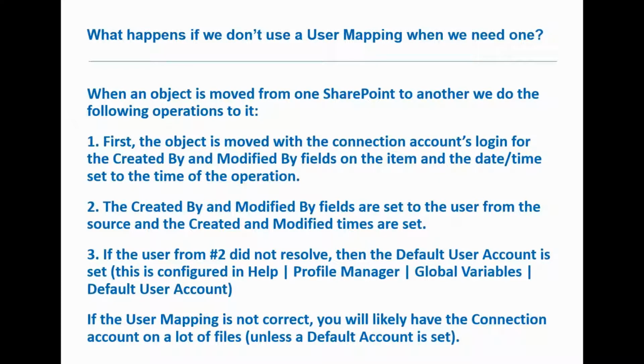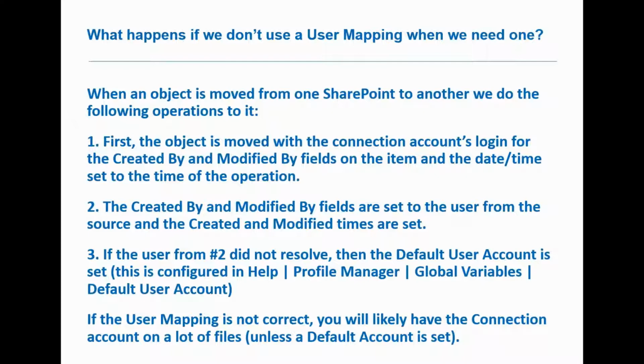Okay, so what happens when we don't have a user mapping? Like what is the behavior that we are going to see? Basically, what will happen is we first move this object over from the source to the target, and the object is going to come over with the connection account on it, and the created and modified times the file was moved.